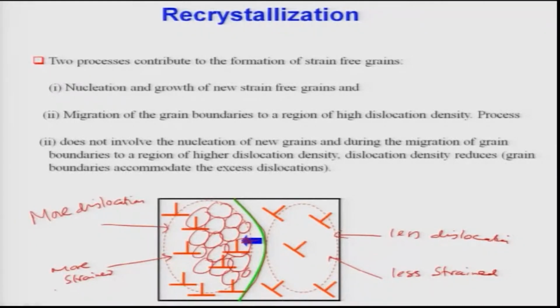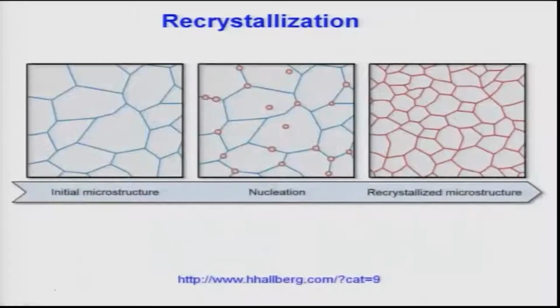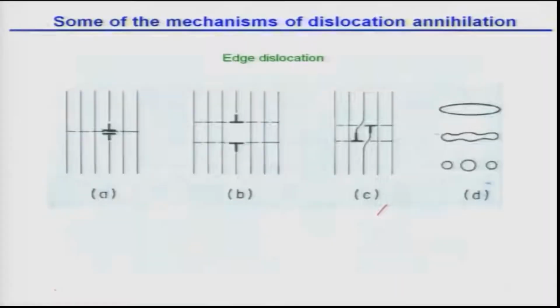This process is very important. The incoherent nuclei which are created by the formation of new lattice by thermal fluctuation do not form in this case. I will show some pictures, maybe I will go a little further and show you that now.